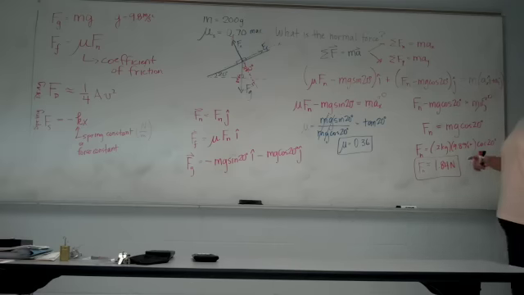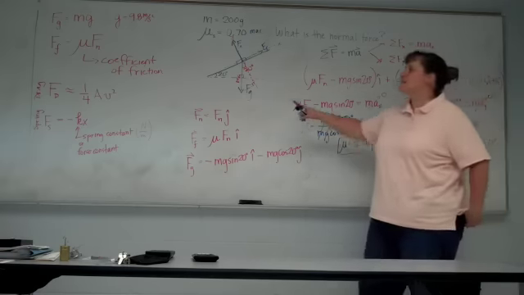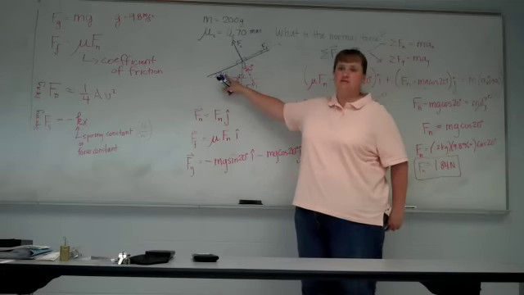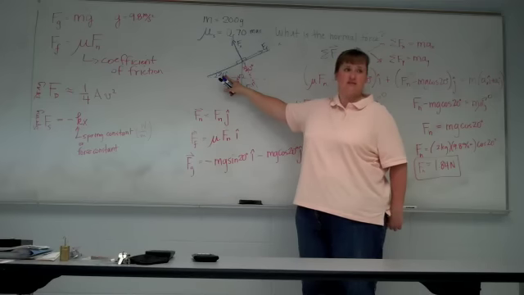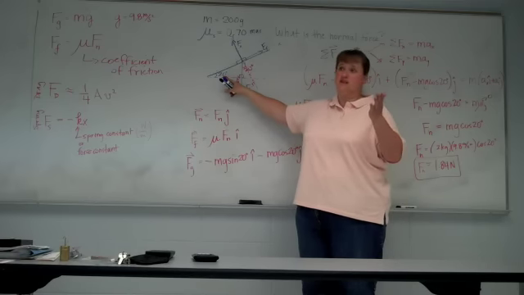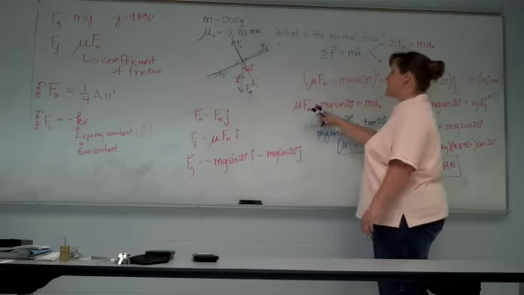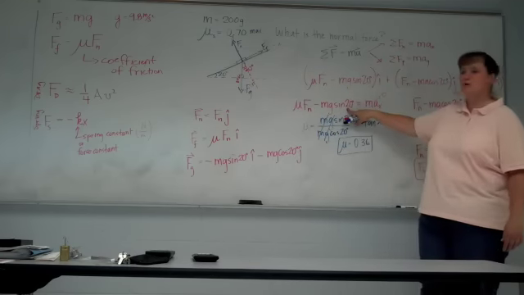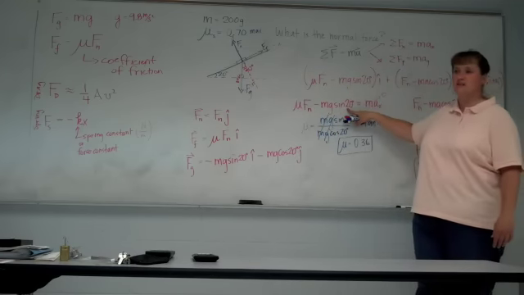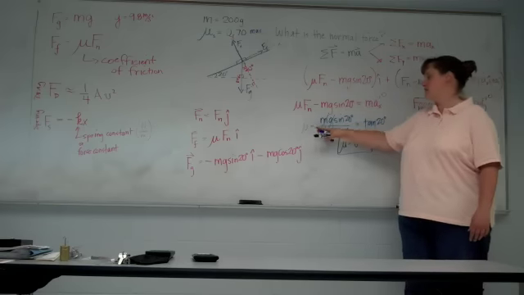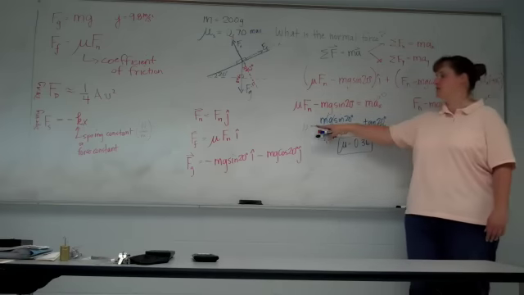By the way, we could calculate the maximum angle that we could put this table at before it started sliding. It'd be the same equation, we would just leave the 20 degrees as theta instead. So basically tangent of theta would equal 0.7.